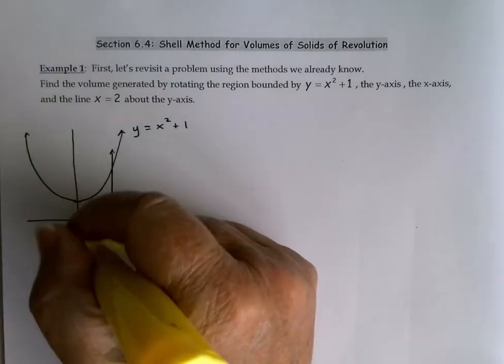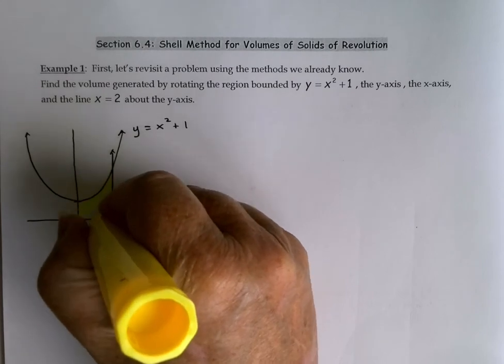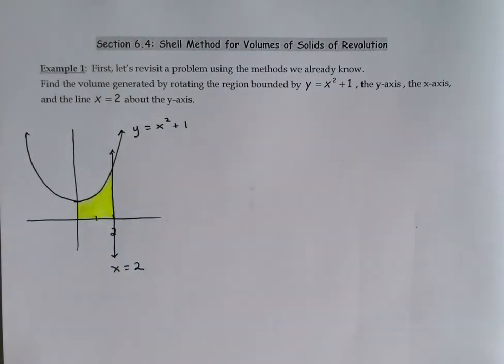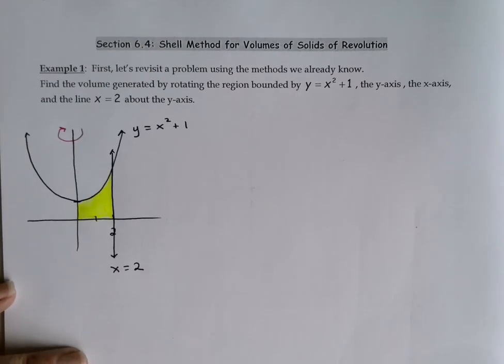So my region is this. We want to rotate this around the y-axis, which means that we have to draw rectangles perpendicular to the y-axis, or in other words, horizontal. Hopefully you're going to start to see the problem here.